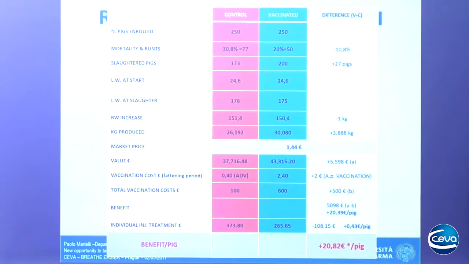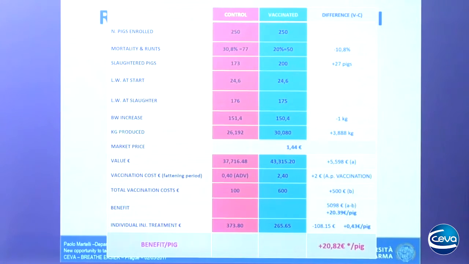We have the number of pigs in the two groups at the beginning, the mortality, the number of pigs at slaughterhouse, the live weight at the start of the trial, at the vaccination, of course, and the live weight at the slaughter. The body weight increase during the whole period, okay?